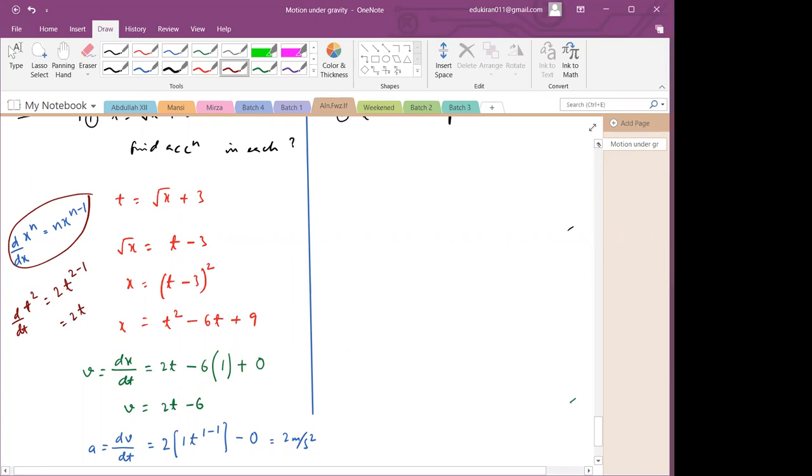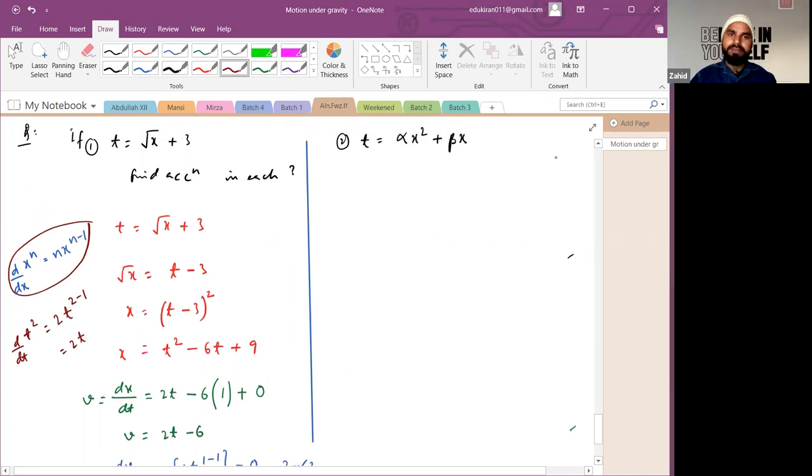Okay. But in this second example, we can't separate x and t to one side like we did in this part. So how to define acceleration? Just see, in this example, we have t as an x-dependent term. So first of all, differentiate it with respect to x, as t is x dependent.